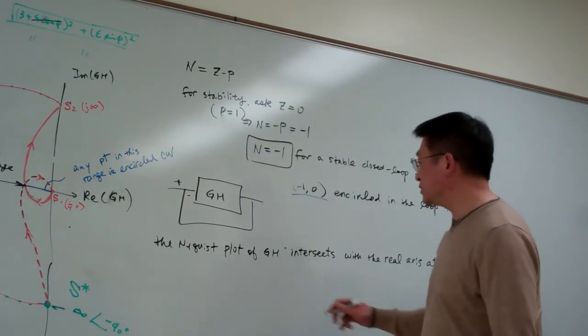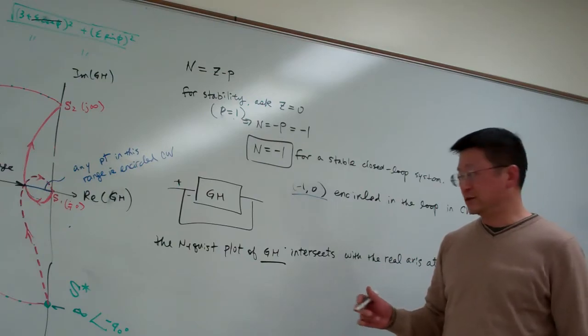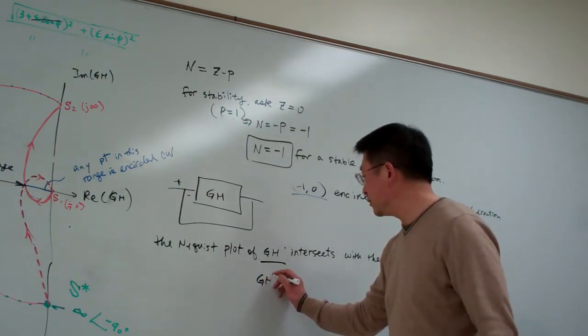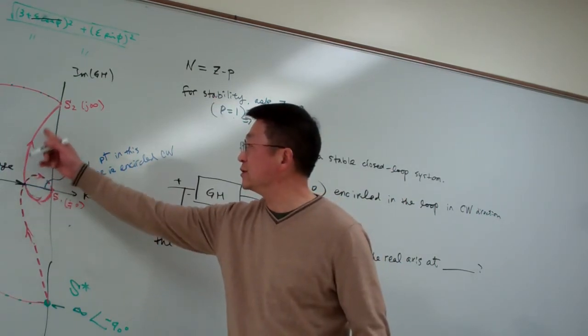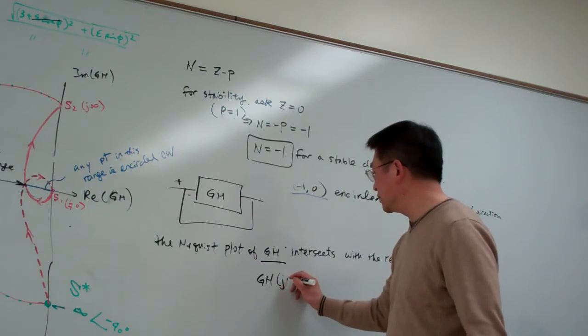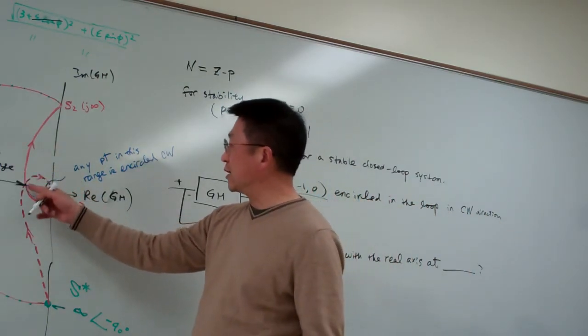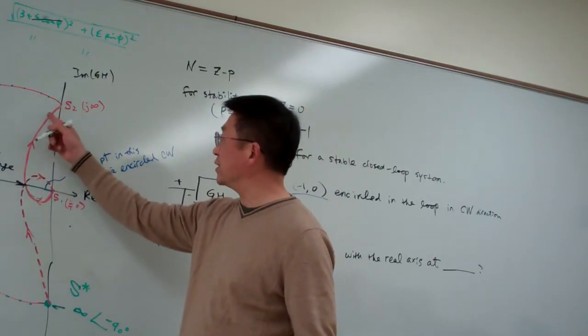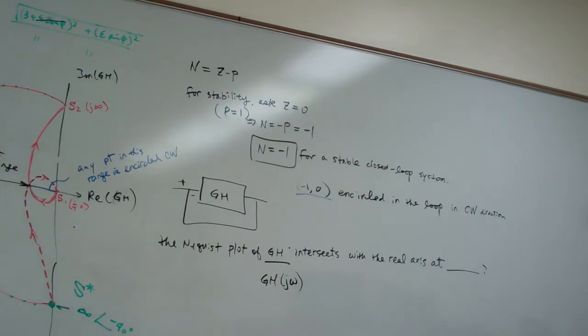Intersection, basically this is a complex number. So basically GH, if you plug in, you can see these intersections happen in this segment or in that segment. Again, the intersection point belongs to this segment or this segment, and that corresponds to our imaginary point.